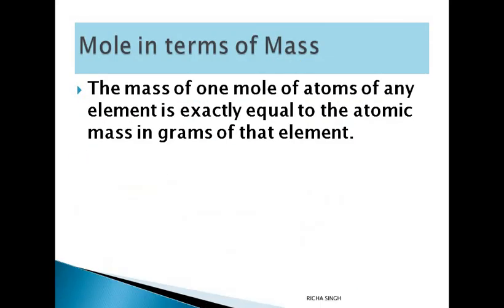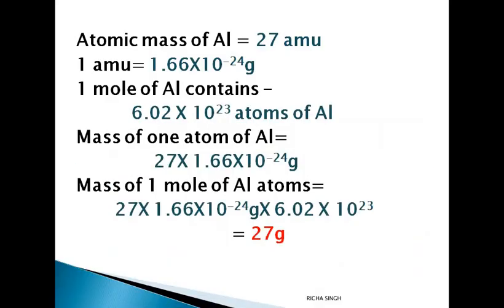This was in number, but what about mass? If I say 1 mole, the number is 6.022 into 10 raised to the power 23, but you may also need the mass. Then 1 mole is exactly equal to the atomic mass in grams of that element. Whatever the atomic mass is, it is the mass of the element in one mole.